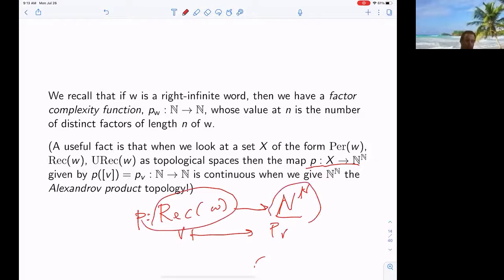And N to the N, well, this is a product of copies of N. And I can use a product topology on this space as long as I put a topology on N. And I can use something called the Alexandrov topology on N, in which the infinite rays are the open sets. And with this topology, these actually become continuous functions.